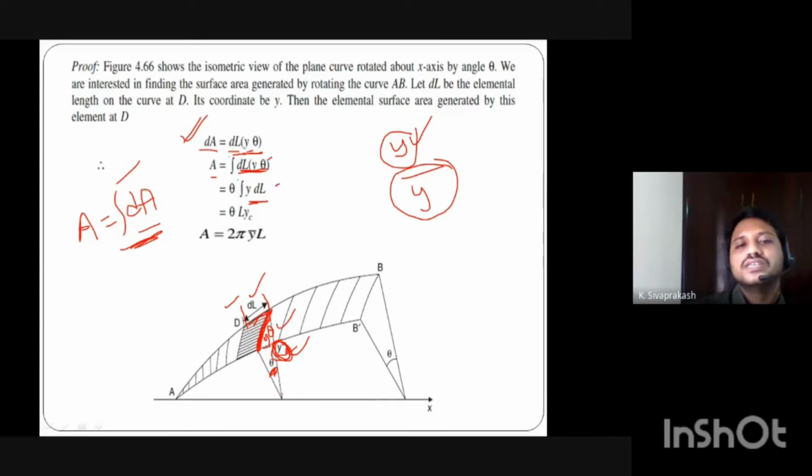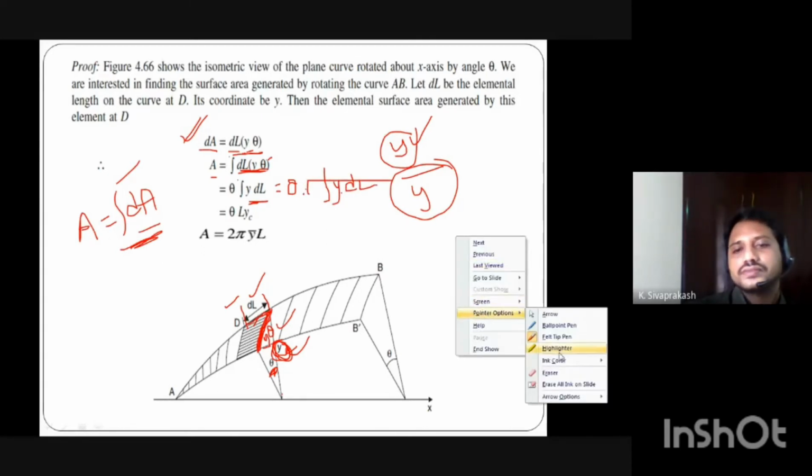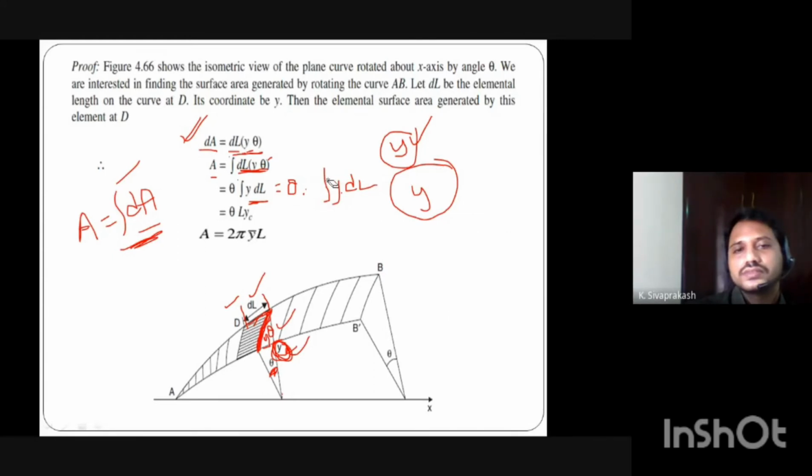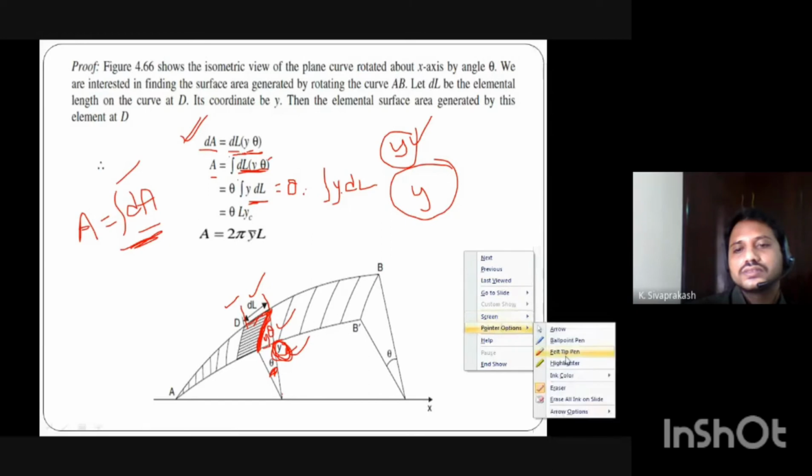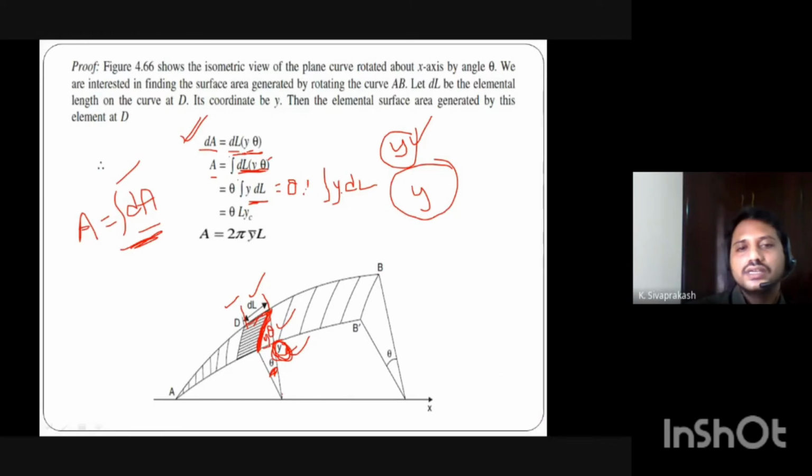Now you multiply with L. You multiply with the capital L and divide with the capital L, so there is no change in the function value.